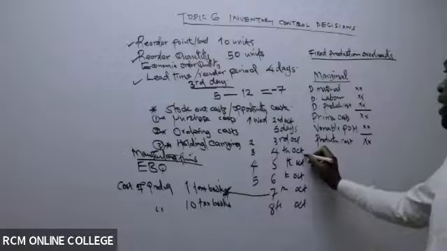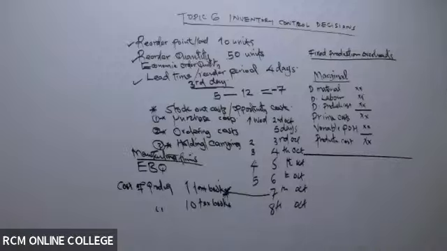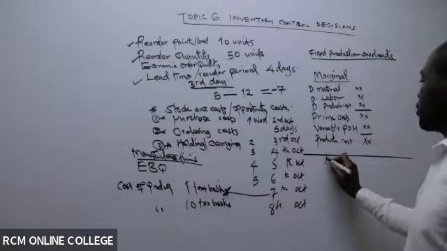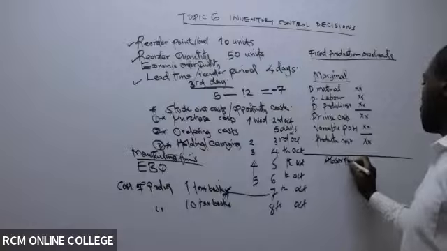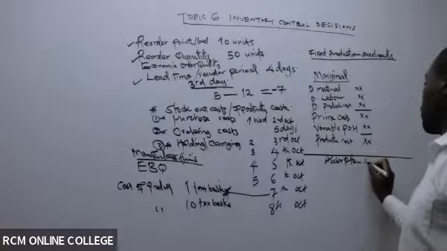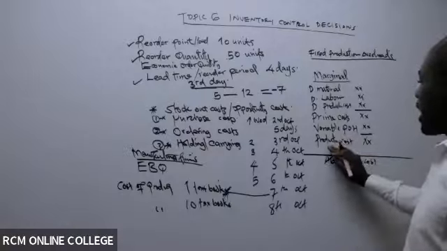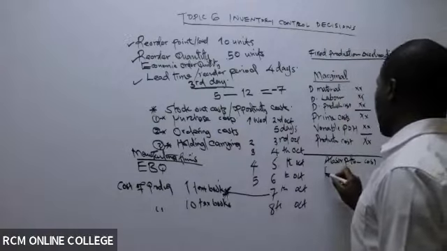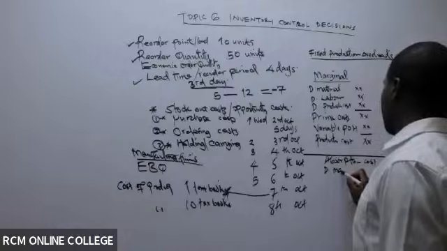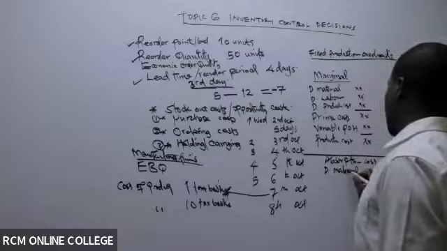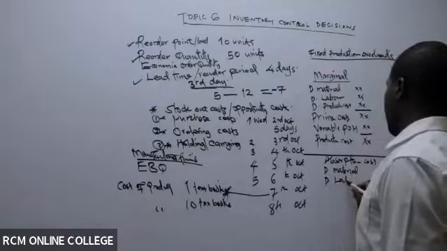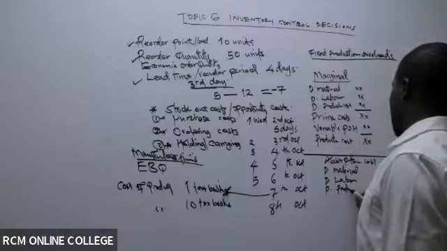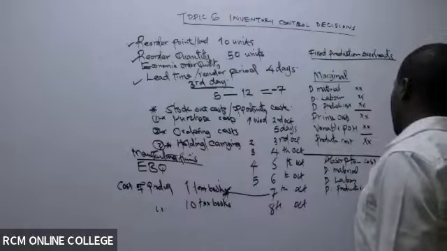Good. Having done that, what about absorption costing method? So absorption costing, we are going to have all these items and add the third or the fourth one. So we have direct material, direct labor, direct production cost or expense.